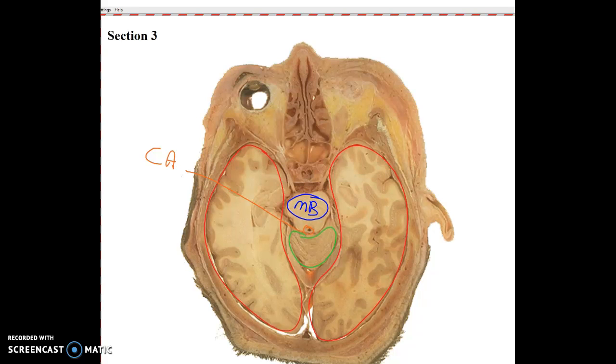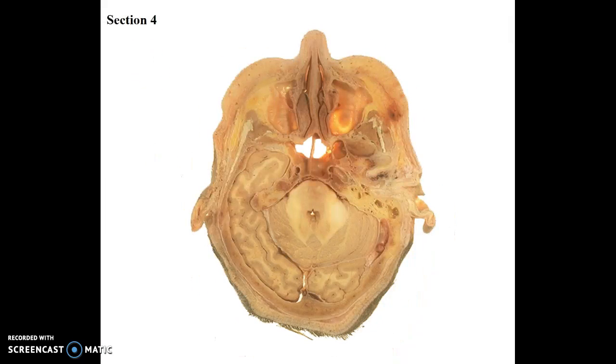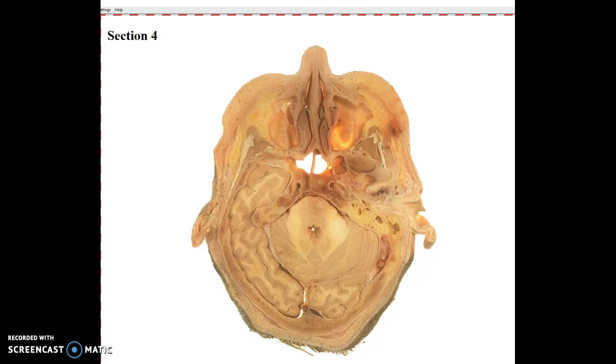Section 4. Once again, we still have our cerebrum on there. All right. We have the pons. This area right there, that's the pons. We have still the cerebellum in green.